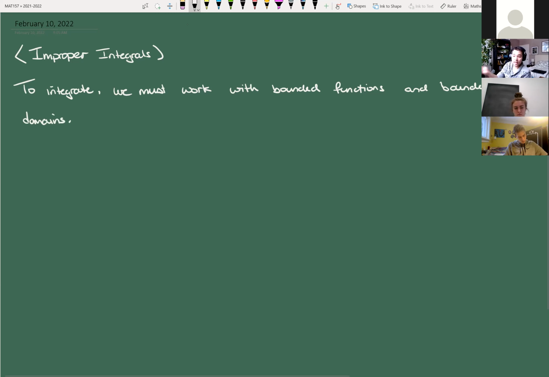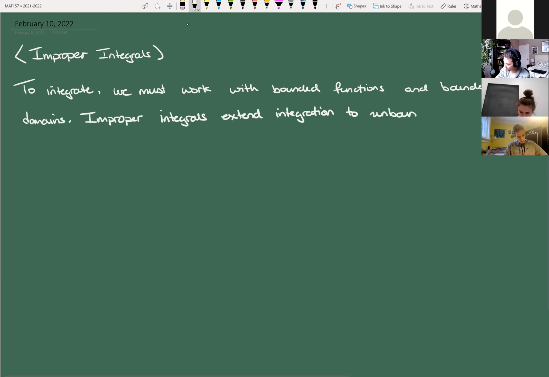Okay, so now we want to extend that notion. We want to be able to work with unbounded functions and unbounded domains. So improper integrals extend integration to unbounded functions and sets, or let's say domains.